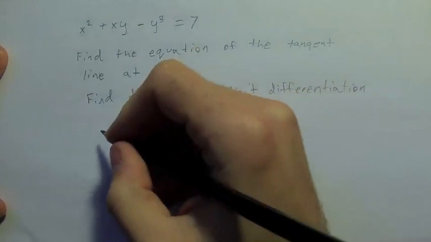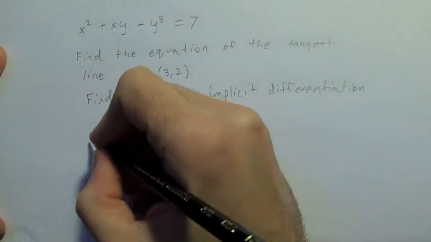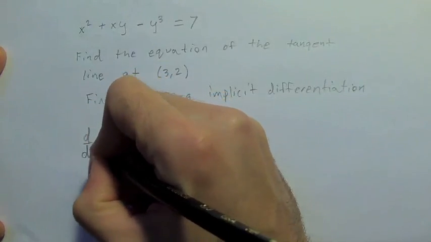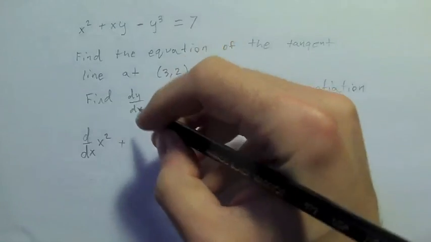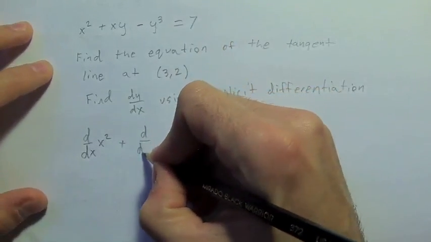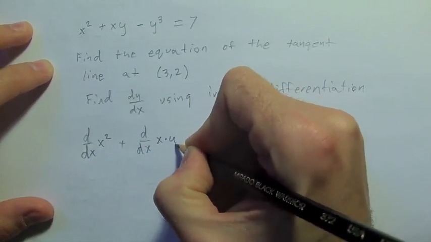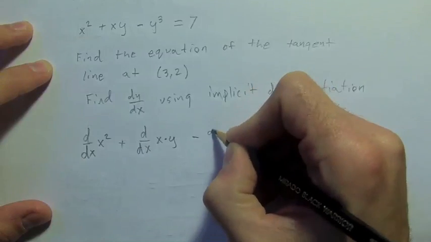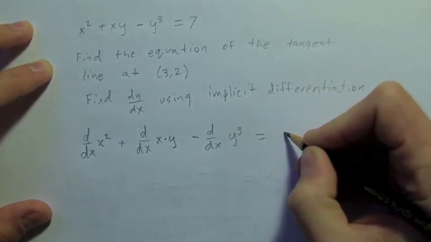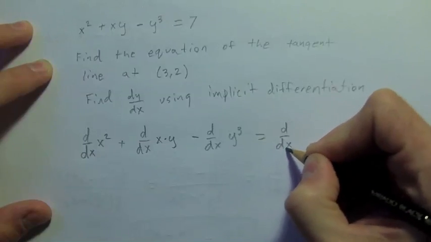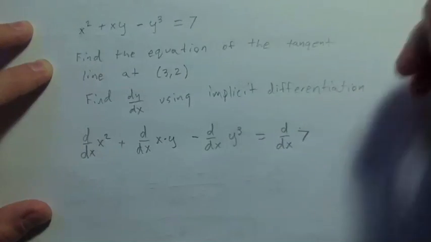So that means we're going to differentiate everything in terms of x, right? So the derivative with respect to x of x squared, the derivative with respect to x of x times y, minus the derivative with respect to x of y cubed, which will be equal to the derivative with respect to x of 7.